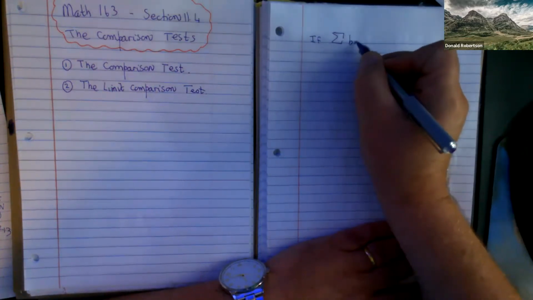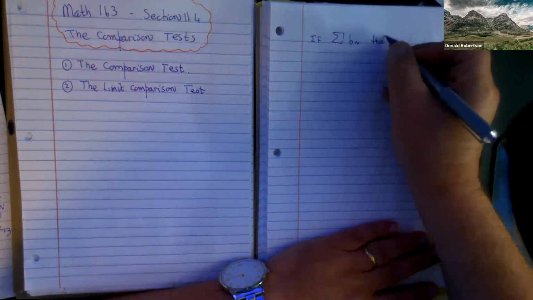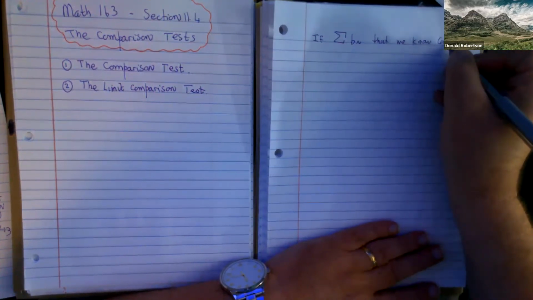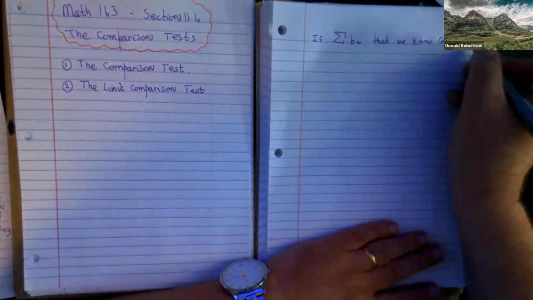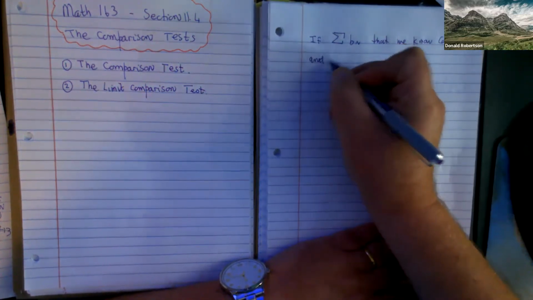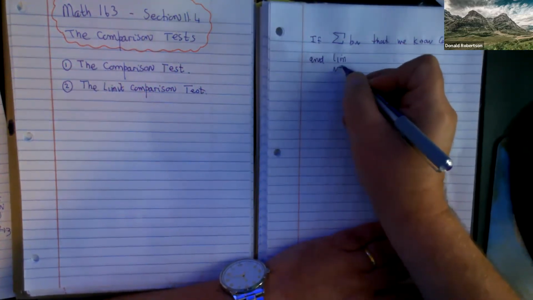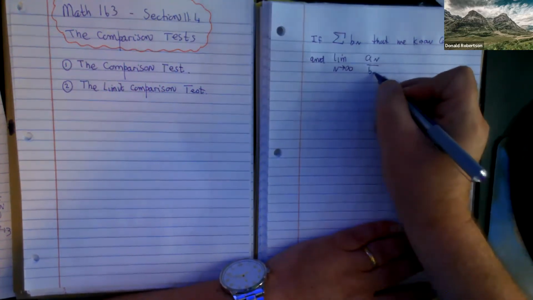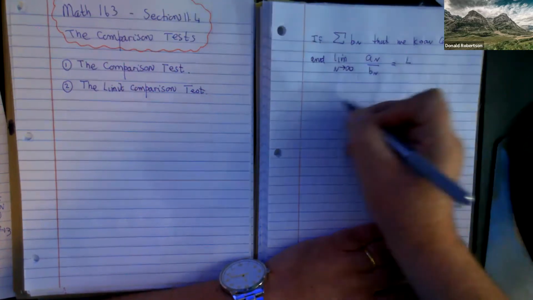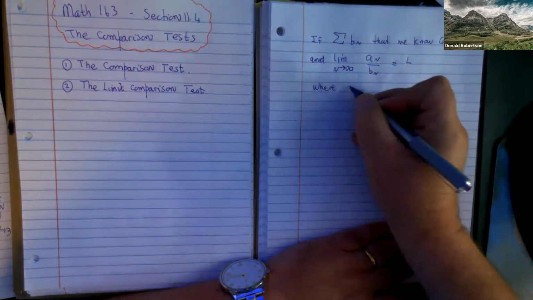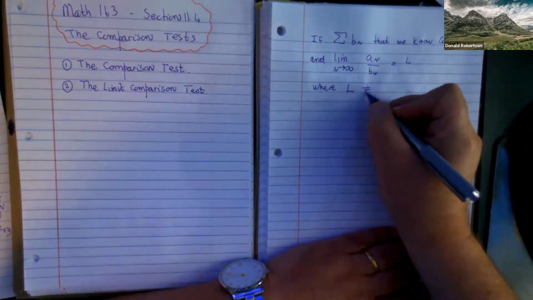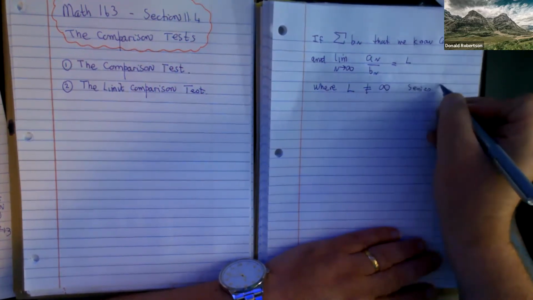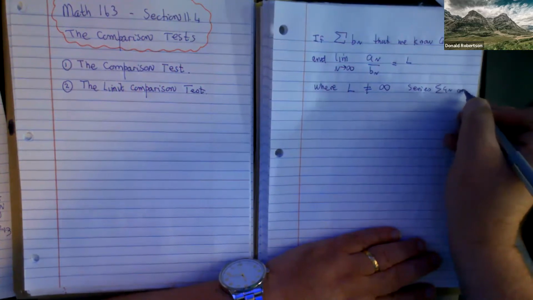If you have a comparison series Bn that we know converges, and the limit as n tends to infinity of the original over that guy is equal to L, where L is not equal to infinity, we know that the original series An will also converge.